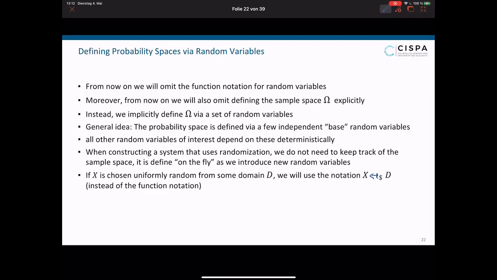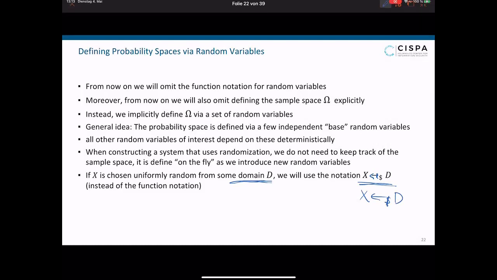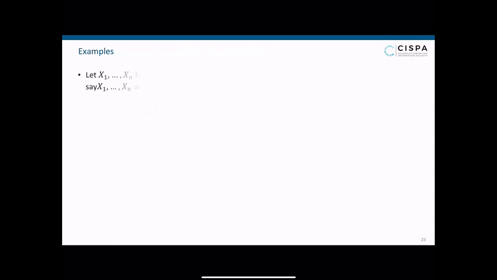If X is a random variable chosen uniformly at random from some set D, then we denote this with a left arrow from D. So instead of saying X is an element of D, we denote that X is uniform in D via this notation. Okay, so more examples.